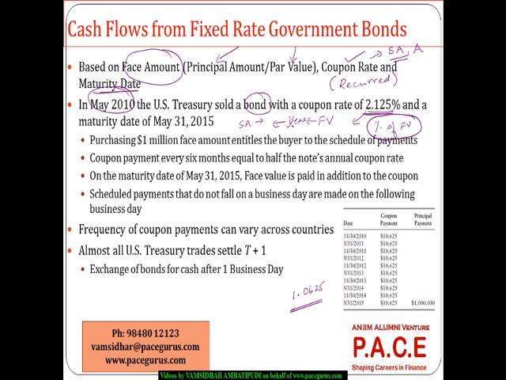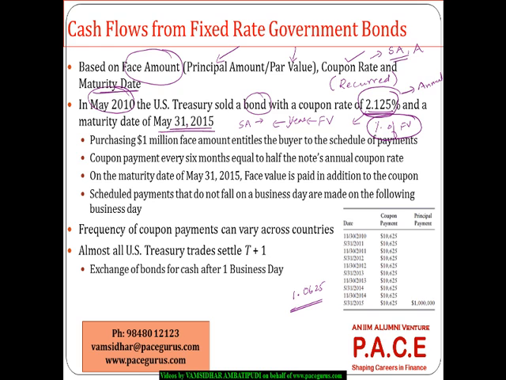That's the important point. This is always expressed in annual terms. Depending on whether the payment is annual or semi-annual, either the full amount or 50% of it is paid every period. And we talk about a maturity of this much.